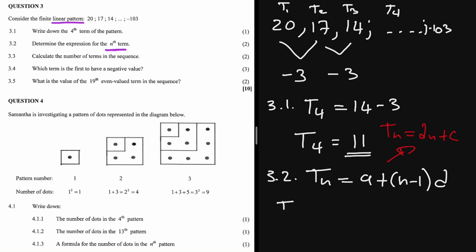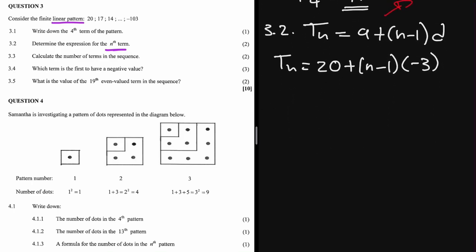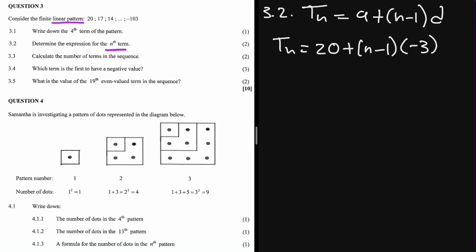So you're going to say Tn is equal to a, where a always represents the first term. So the first term is 20. Therefore, you have (n - 1), and our difference is -3, so you're going to put -3. Then we simplify this expression so that we can get the general term of our pattern.